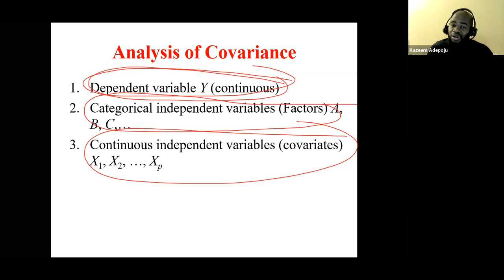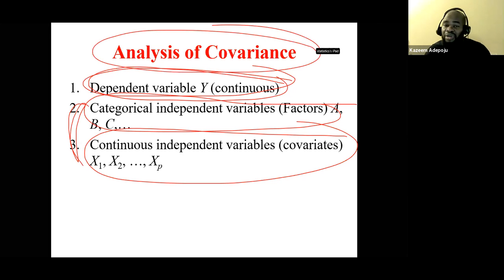Therefore, in the same model, we are going to have the combination of the categorical predictors and continuous predictors. When you are looking at these together, we are talking about analysis of covariance.